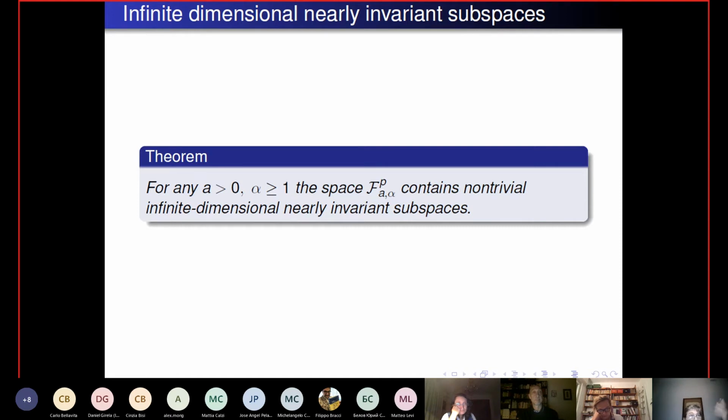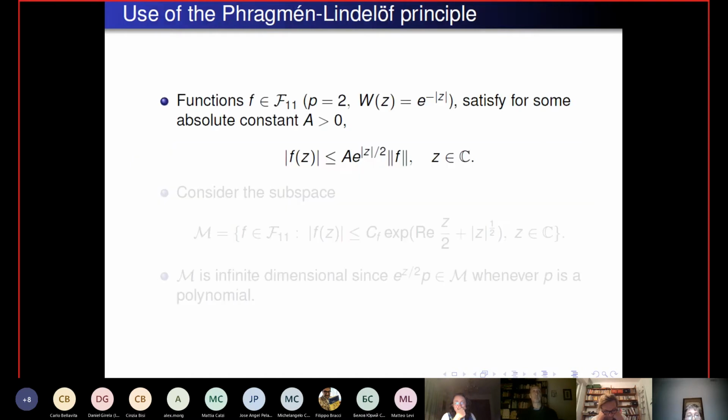So in the few minutes that I still have, I want to discuss a few examples of infinite dimensional nearly invariant subspaces here. How we can produce them. I mean, we have several methods to do that. And the one I wanted to present tonight is based on the use of the Phragmén-Lindelöf principle.